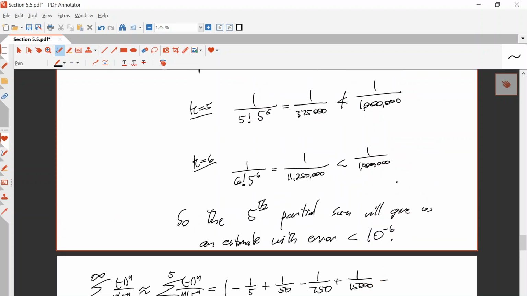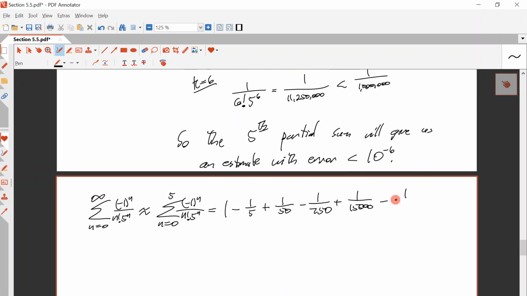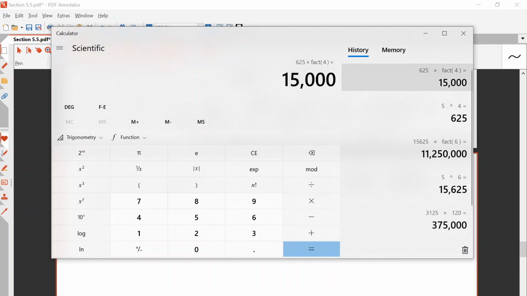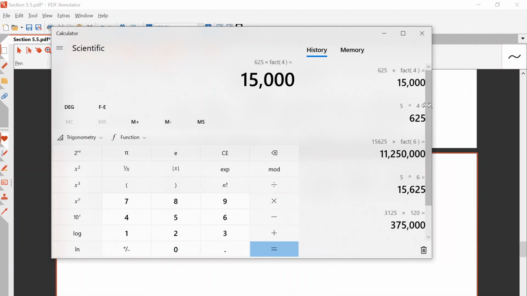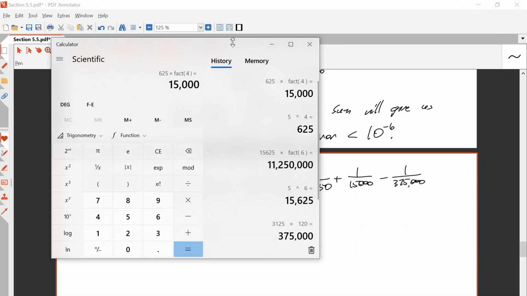Minus, and then at 5, we've already calculated it, it's 1 over 375,000. Alright, so this is equal to, make that smaller so we can see where we're at.